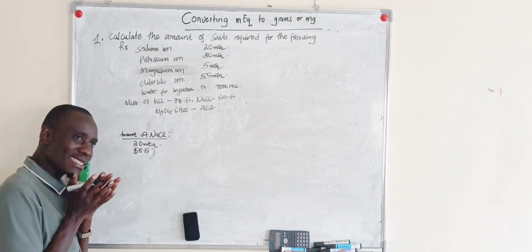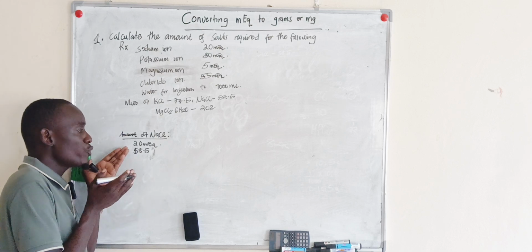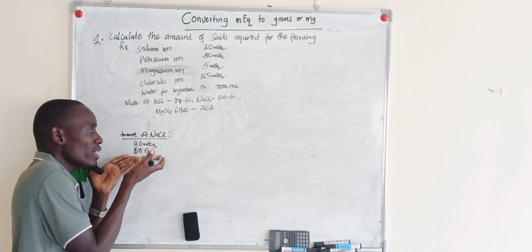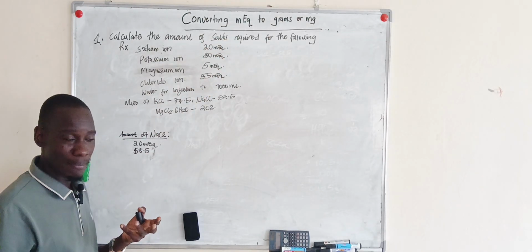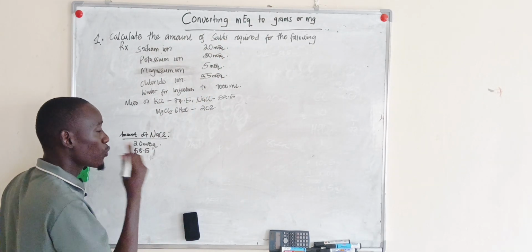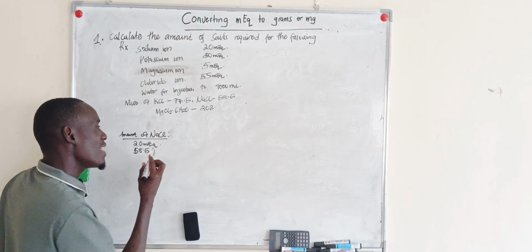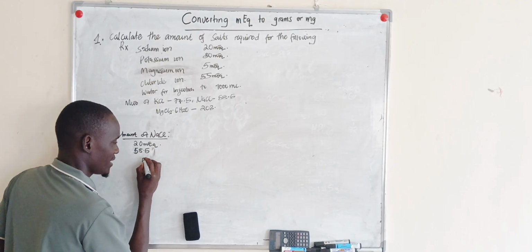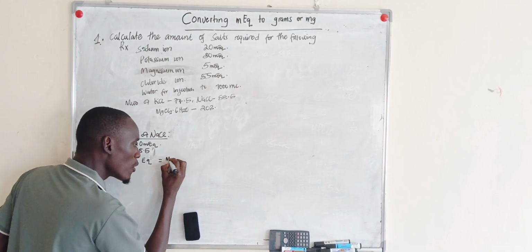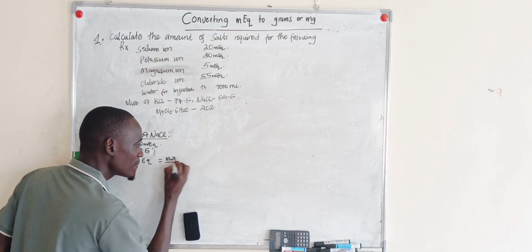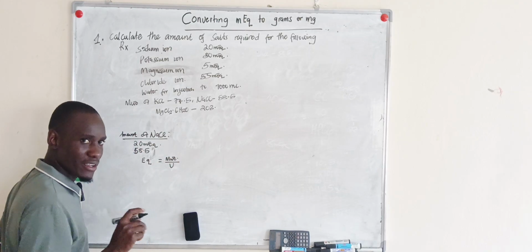Remember, we need to ascertain the relationship between the molecular weight we have and the milliequivalent, which is given in the formula. So what happened is, we said that equivalent weight is the ratio of molecular weight divided by the valence of the ion.